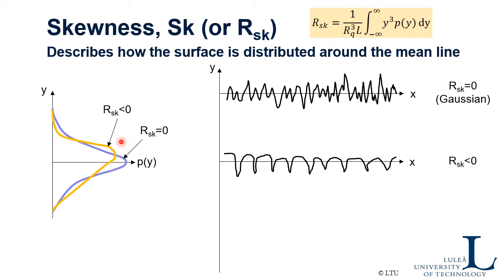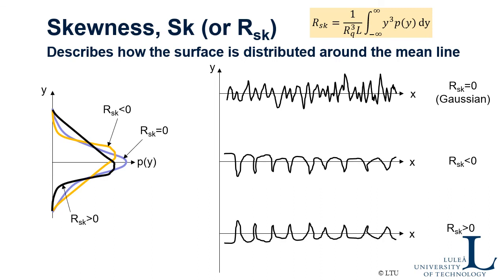Negatively skewed profile means, it's a little bit contradicting, that you have the highest probability to find the surface on the positive side of the mean line, while the opposite goes for a positively skewed profile like this.